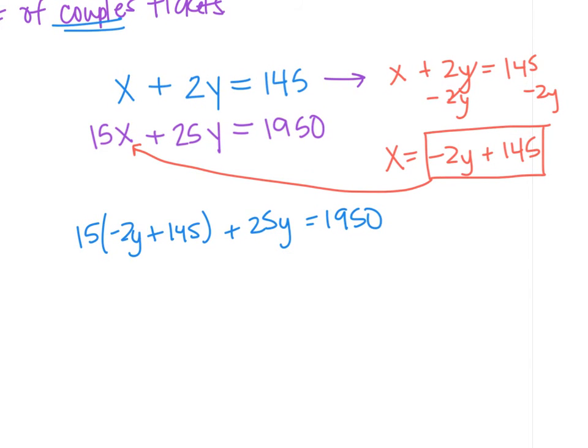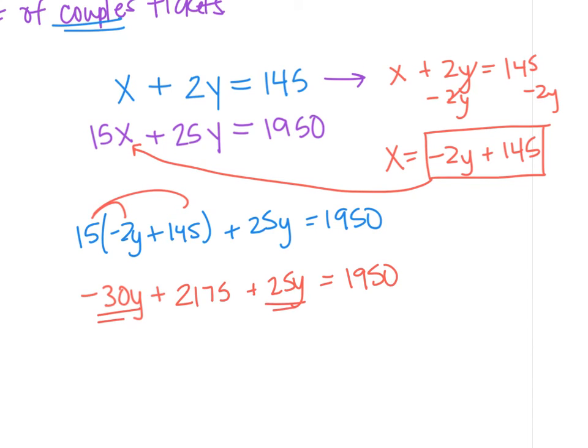All right, when we solve, we're going to go ahead and distribute that 15. So negative 30Y plus 145 times 15, 2,175, plus 25Y equals 1950. Combine like terms. A negative 30Y plus a 25Y is a negative 5Y plus 2175 equals 1950.